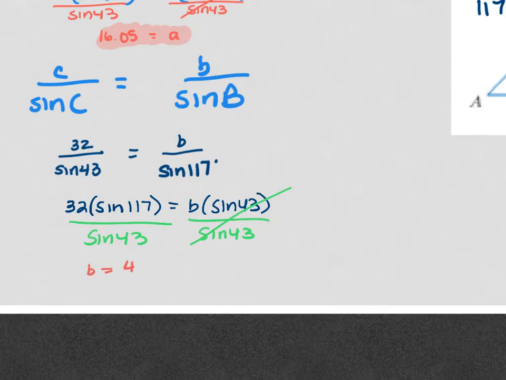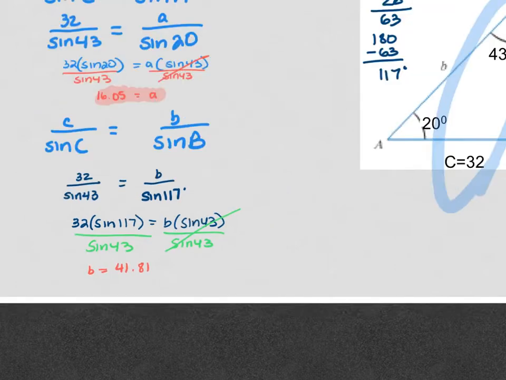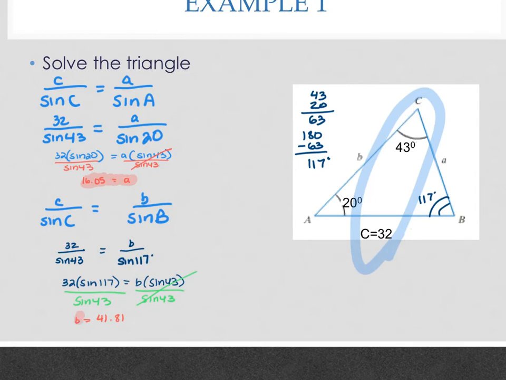Side B is 41.81. So when the directions say solve the triangle like this one did, it means find every piece of missing information, which was, in this case, angle B, 117 degrees, side A, 16.05, and side B, 41.81.